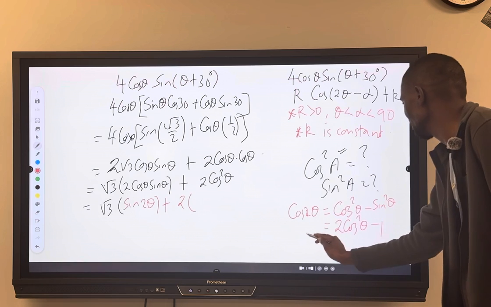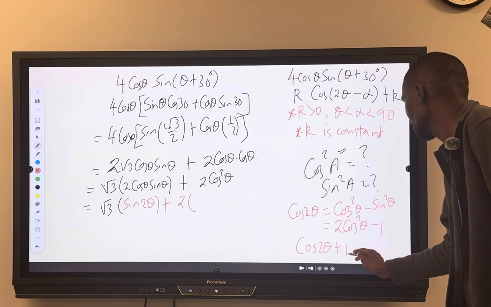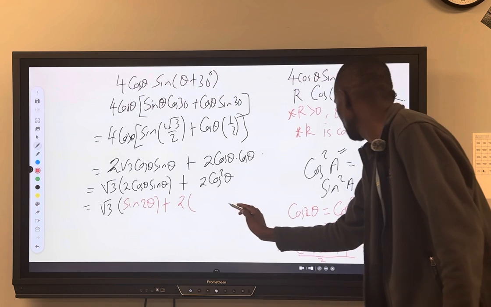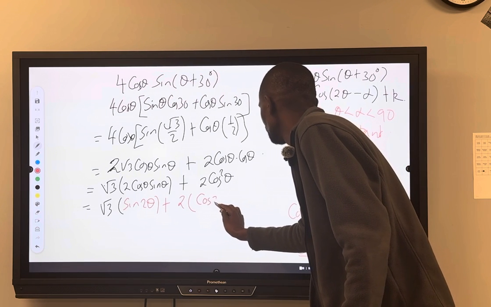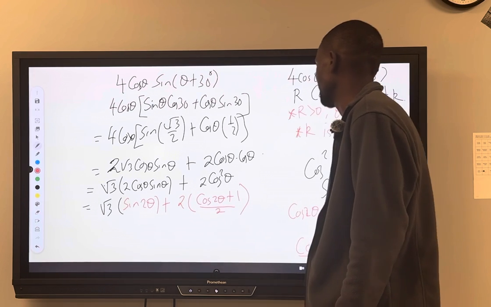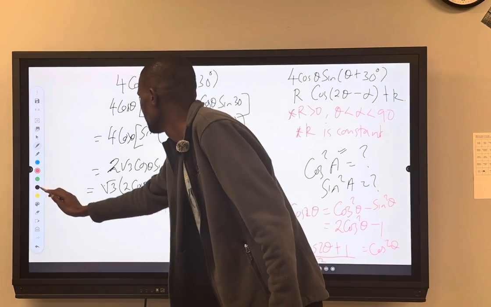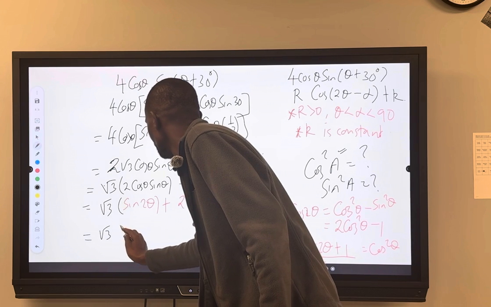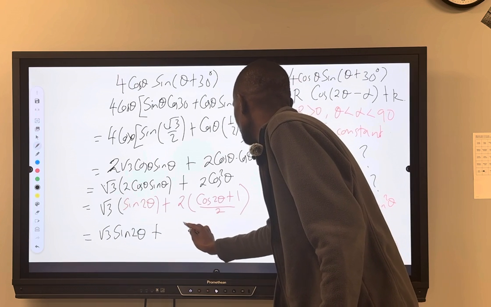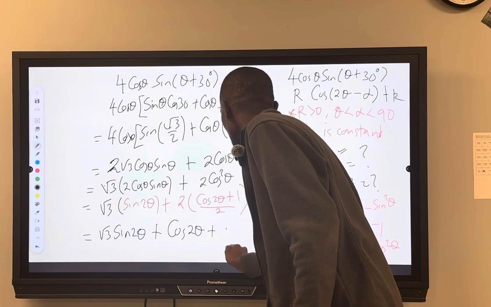Then if I add 1, cos 2 theta plus 1, divided by 2 is equal to cos squared theta. So here it simplifies to root 3 sin 2 theta plus cos 2 theta plus 1, right?